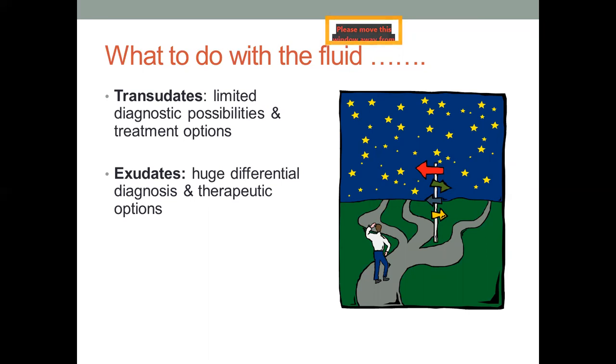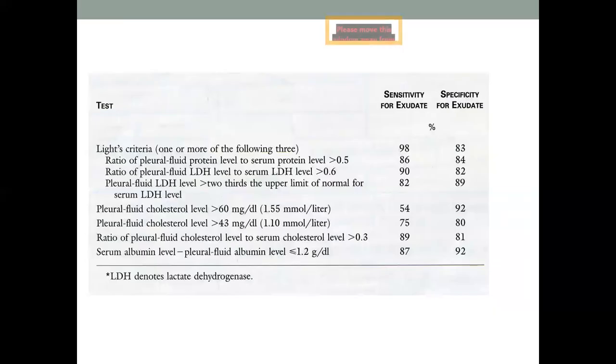And if there is exudate, so there will be a huge differential diagnosis, and there will be multiple therapeutic options. Sometimes if the patient has received diuretics, so the pleural fluid protein and LDH ratio will be disturbed.